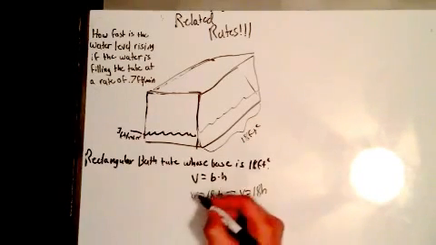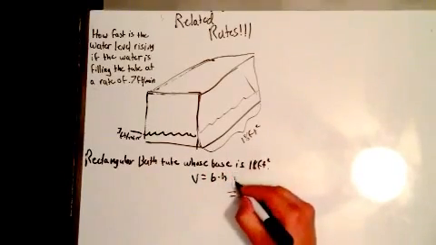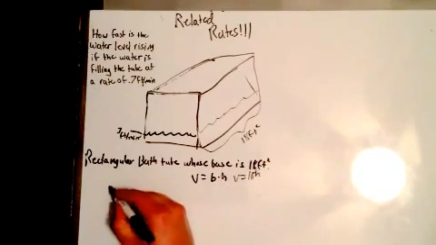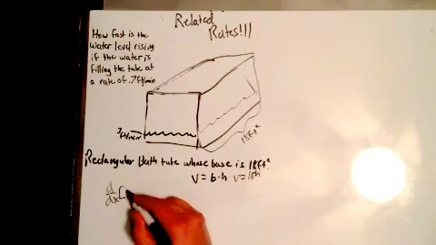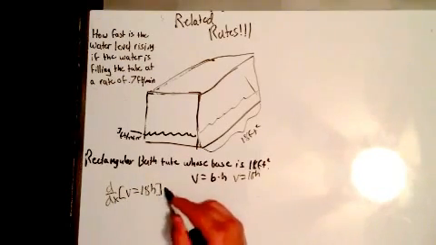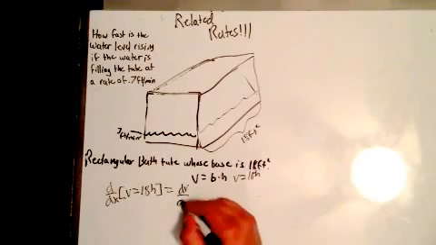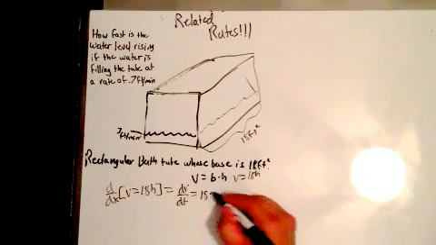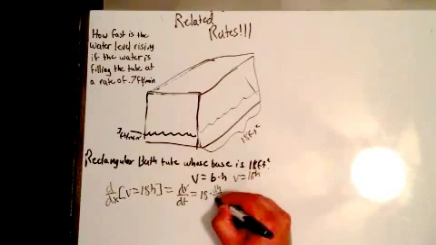The first step is we know V is equal to 18h, so we take the derivative of all this. And what you get is dV/dt is equal to 18 times dh/dt.